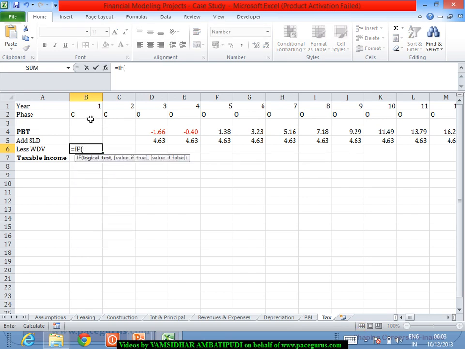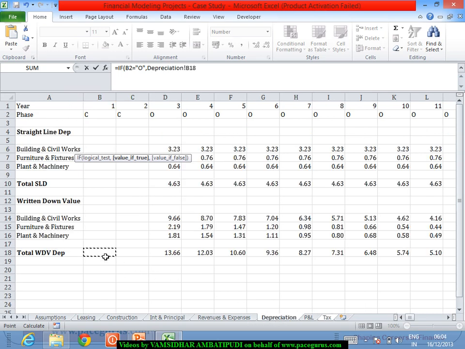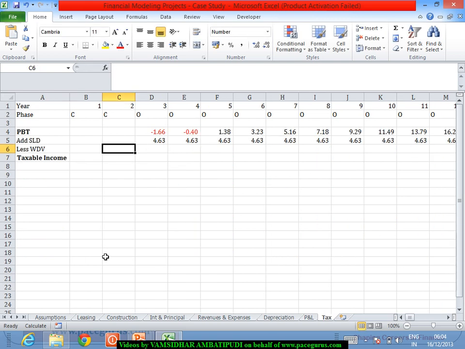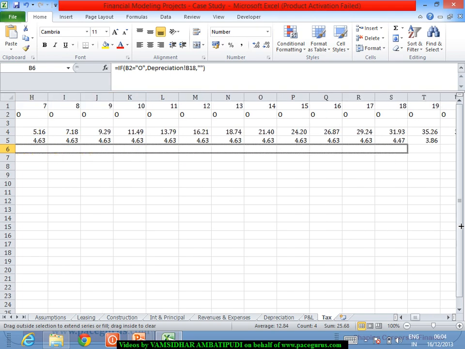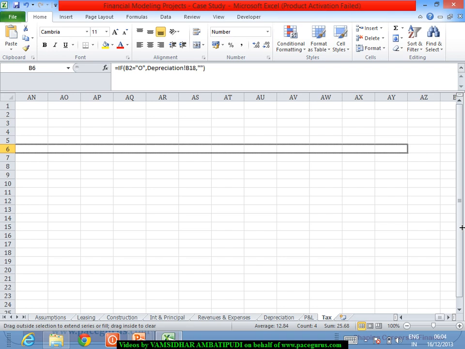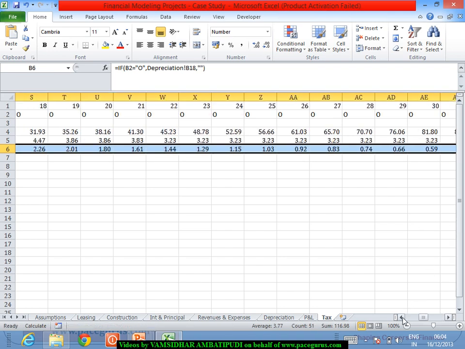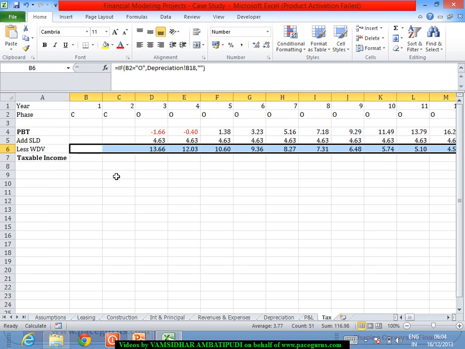So I'll simply consider, if this is the operations part, pull out the written down value method depreciation from the depreciation, otherwise leave it blank. So the written down value method depreciation is coming out to be something like this. So from here, what is coming out for me is the actual taxable income.